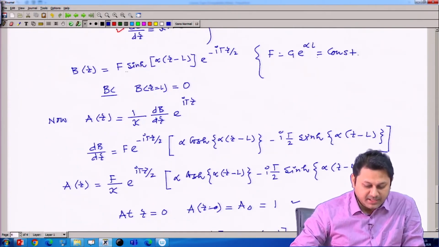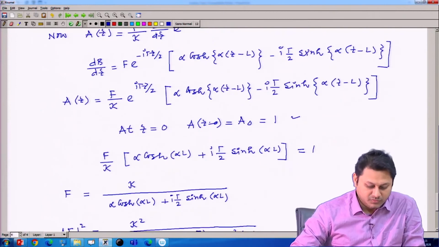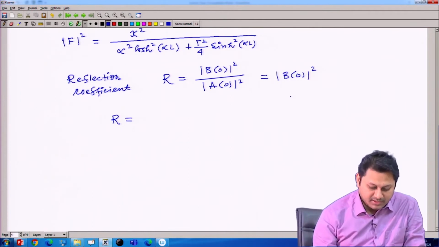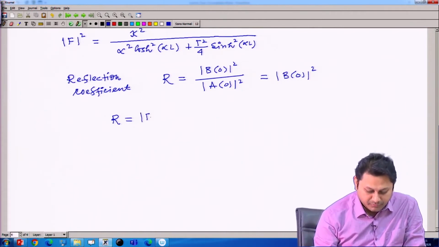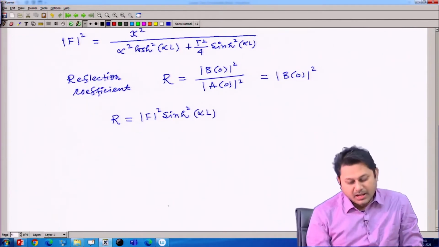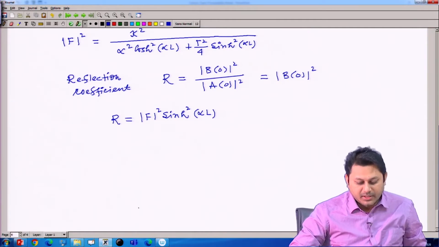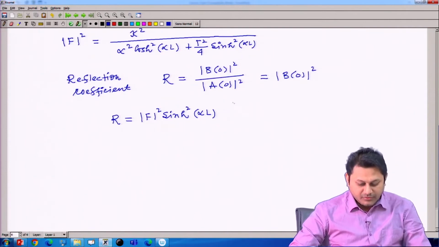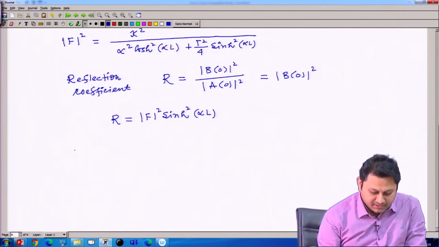My B is f sinh alpha (z minus L) e to the power of minus i gamma z by 2. So if I want to find out mod of B 0 square, it should be simply mod of f square times sinh square alpha L. That is why the mod of f square term I already calculated was necessary.